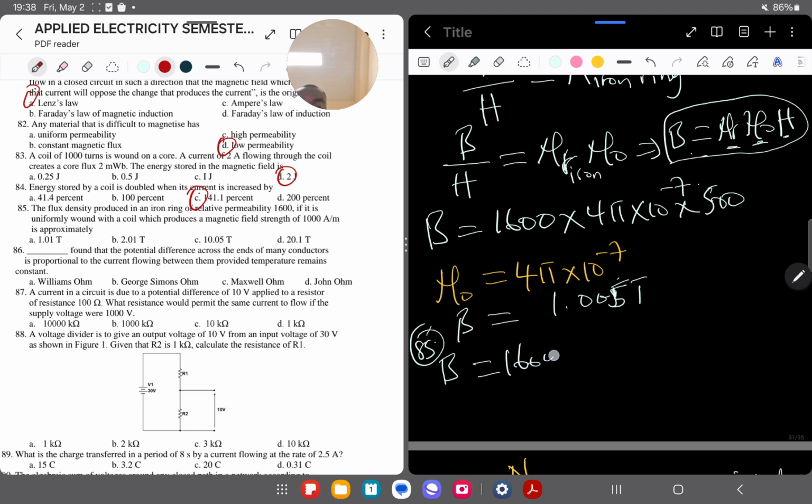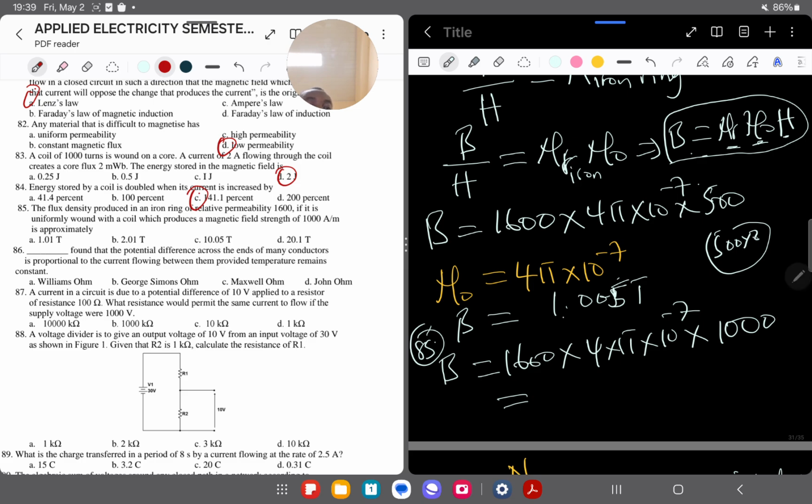Now we have 1600 times the permeability of free space, 4 pi times 10 to the power minus 7. Now times 1000. So we know 5 times 2 will give us 1000, meaning we can even just simplify this.